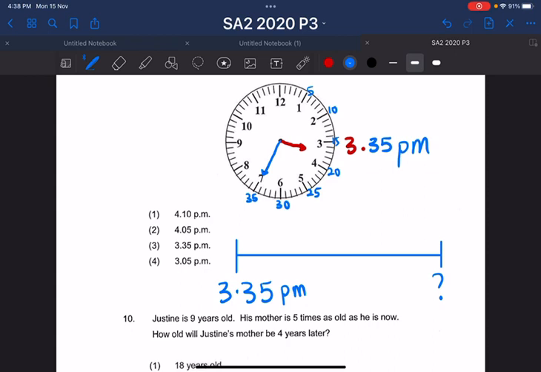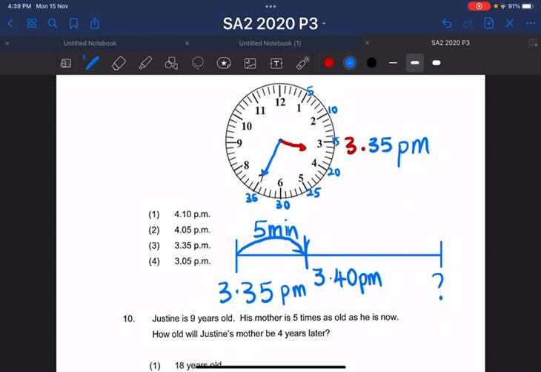Okay, now we can start skipping a little bit. We can skip to 5 minutes first. Now, do you know why I skip to 5 minutes first? Because if I skip 5 minutes, it's going to bring me to a nicer number, 3:40 p.m. Okay, now 3:40 p.m. is not the time yet because I only passed 5 minutes.